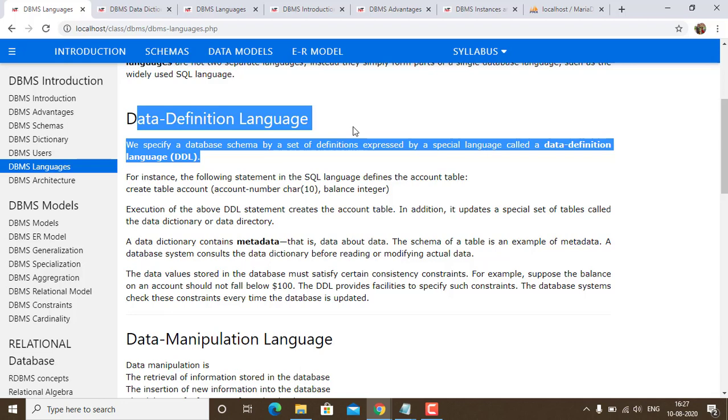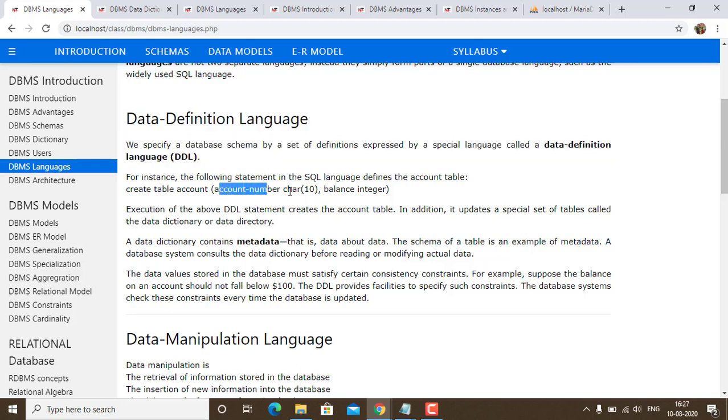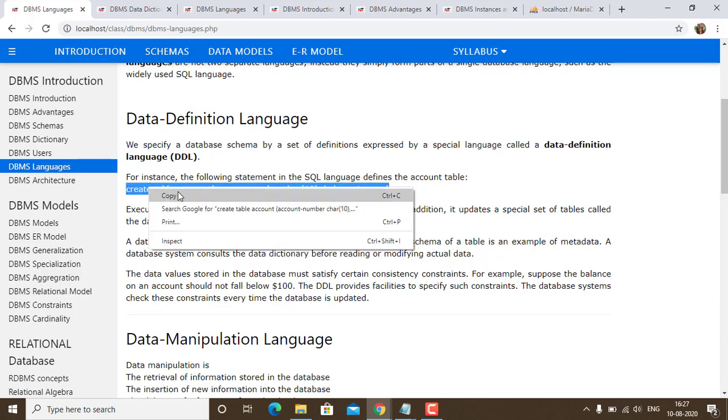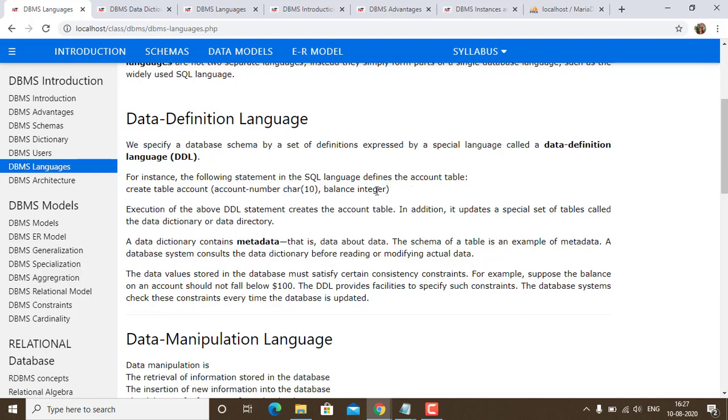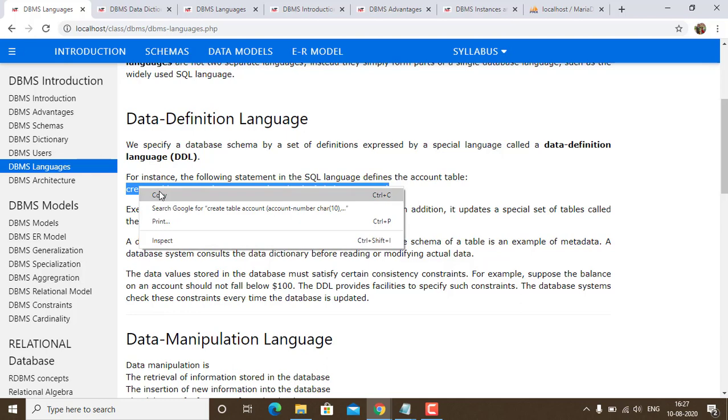For instance, the following statement in the SQL language defines the account table: create table account, account number character, balance integer. This is the query of a table which when executed inside the database is going to create a table.